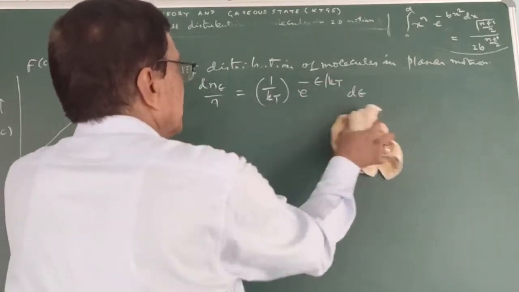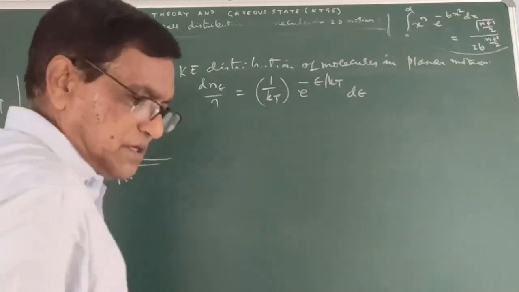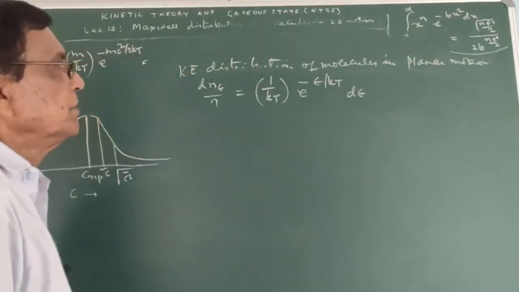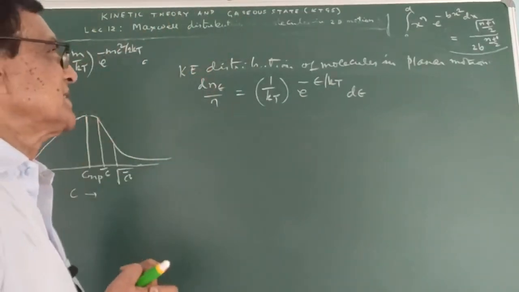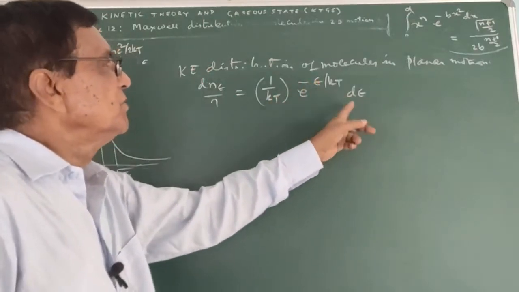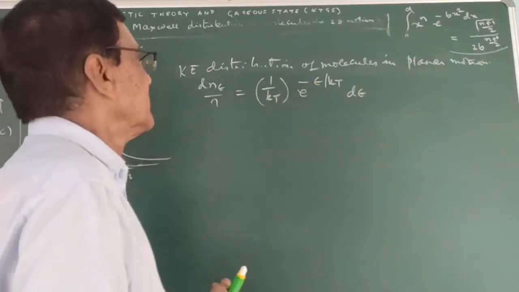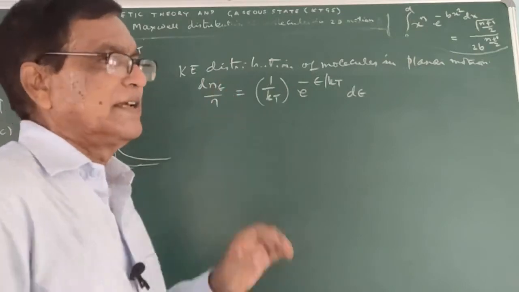This is the kinetic energy distribution of the molecules in planar motions. Epsilon is the kinetic energy of a molecule, d epsilon the range, and k and T.